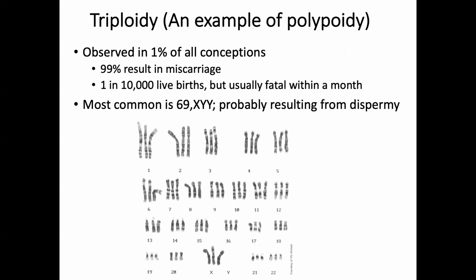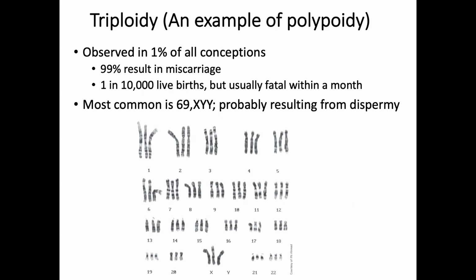I'll give you an example of a polyploidy, okay? So this slide shows a triploidy. The karyotype of a triploid individual contains 3 copies of each chromosome. It is a rare chromosomal abnormality in which fetuses are born with an extra set of chromosomes in their cells.